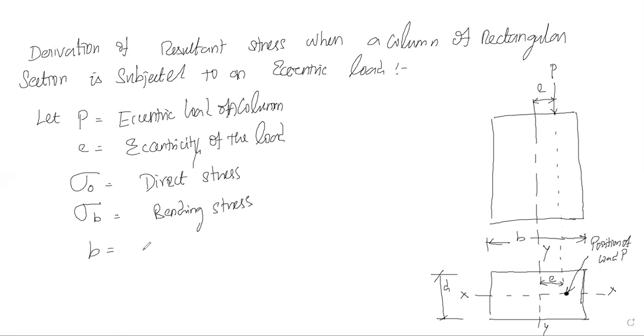Meanwhile, B is equal to the width of the column and D is equal to the depth of the column.